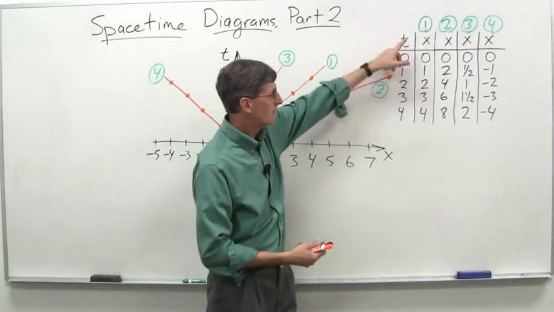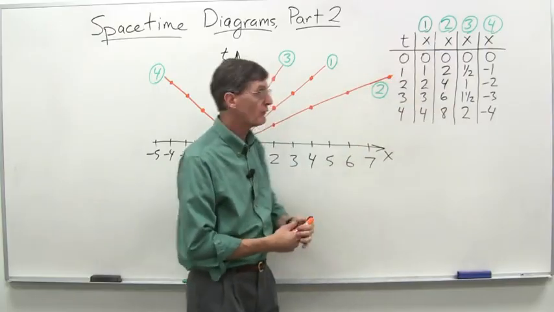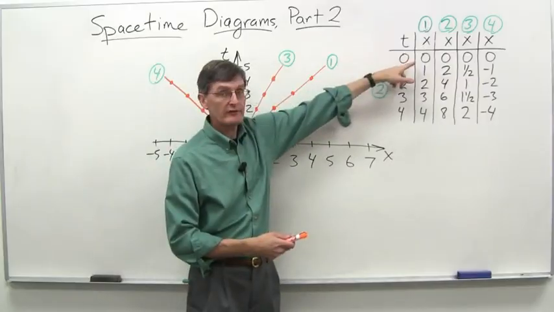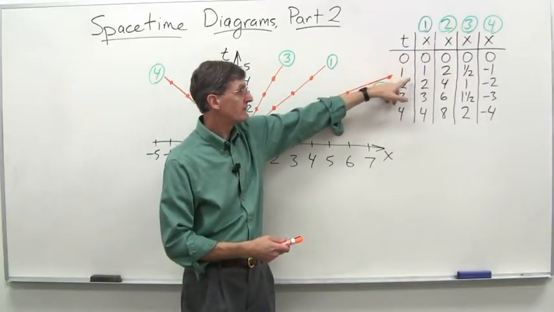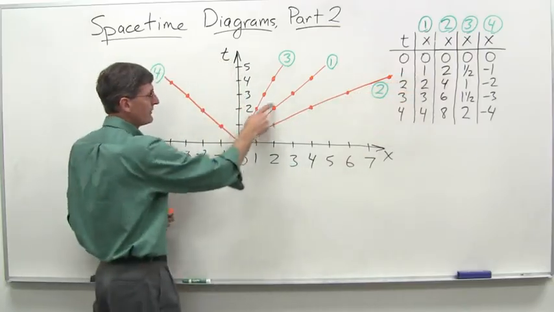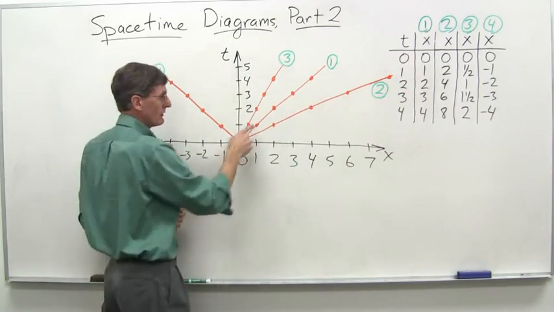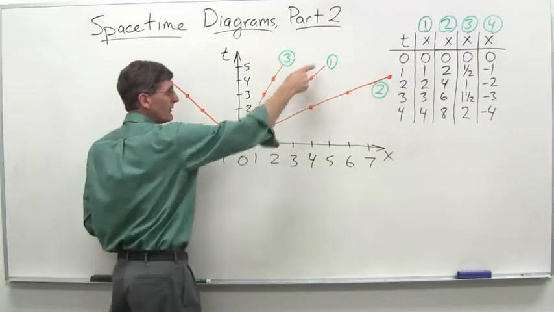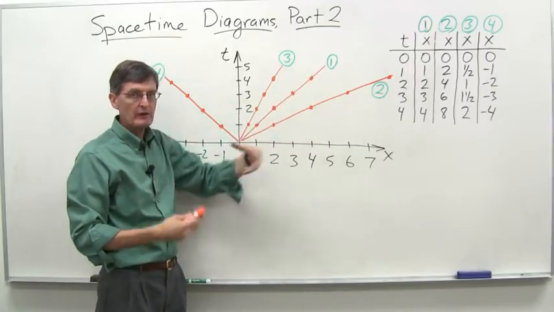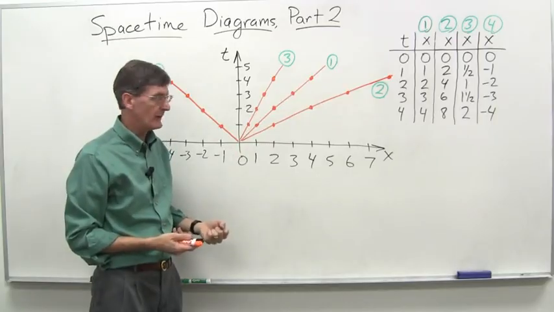And then we've got run 1, run 2, run 3, and run 4. So let's just review what's going on there. Run 1 starts at x equals 0, then at t equals 1, it's at x equals 1, t equals 2, x equals 2, and so on and so forth. And that is this world line right here. Remember, the world line represents the path of an object through space and time.